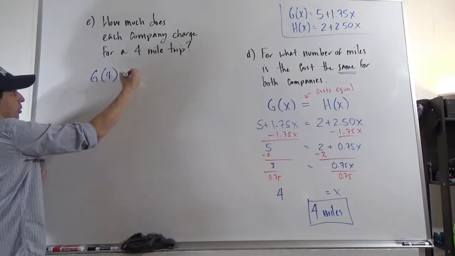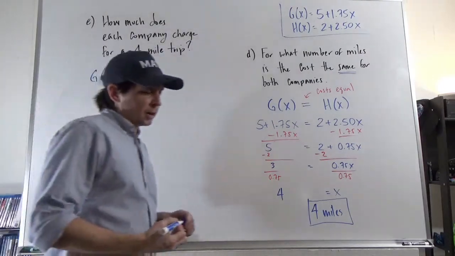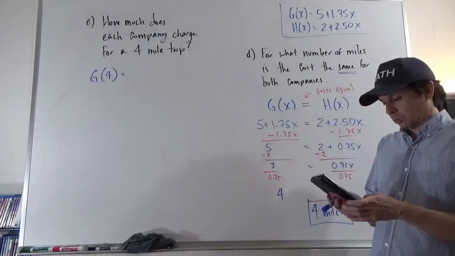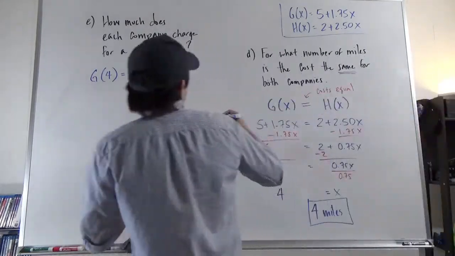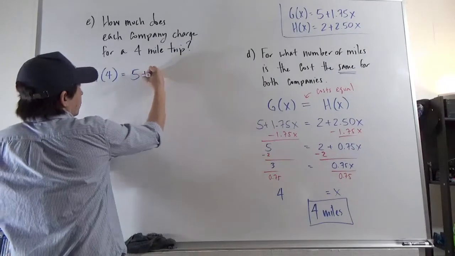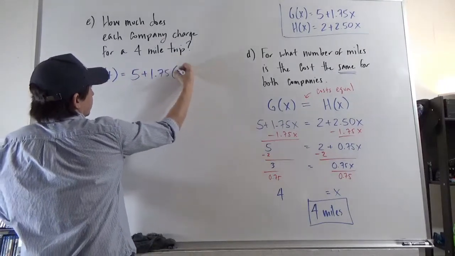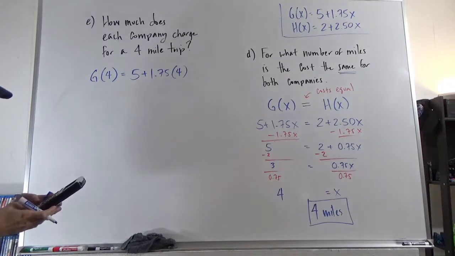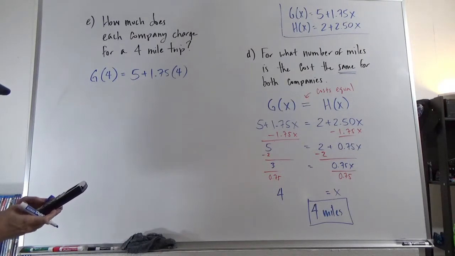We did this literally 5 minutes ago with finding the cost of each company for a 3-mile trip. We're doing the same thing but for 4 miles. G of 4, 5 plus 1.75, plugging in 4 for x. I got 12.